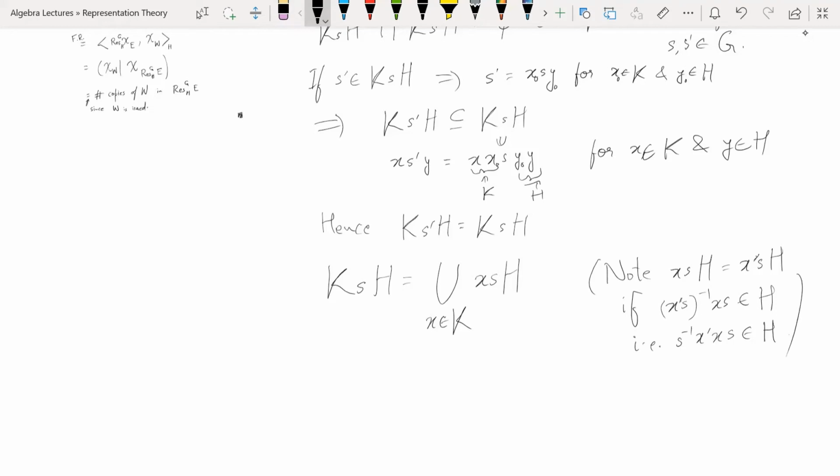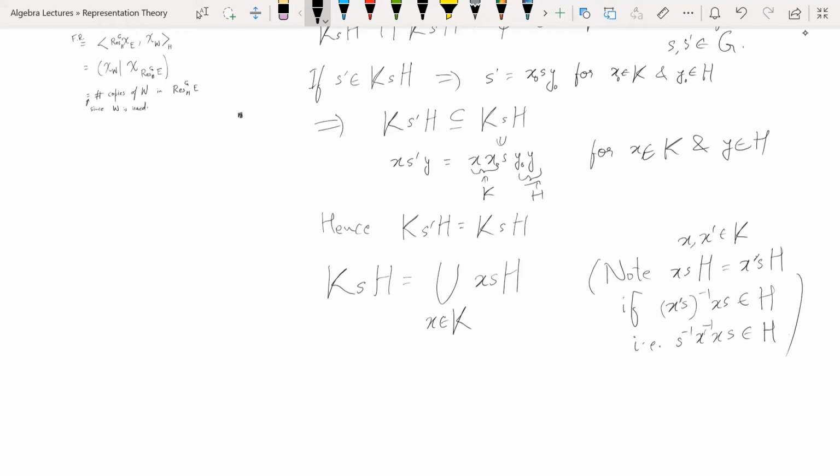So the two left cosets will be the same for two different elements x and x' in K if x' inverse x, when you conjugate by s, lands in H. Then the two cosets are going to be the same.